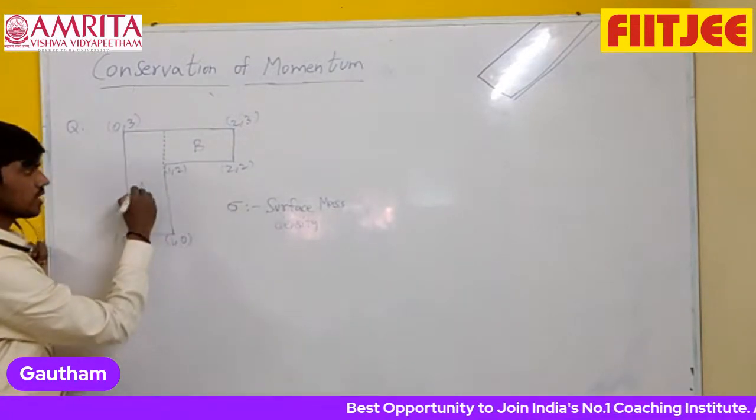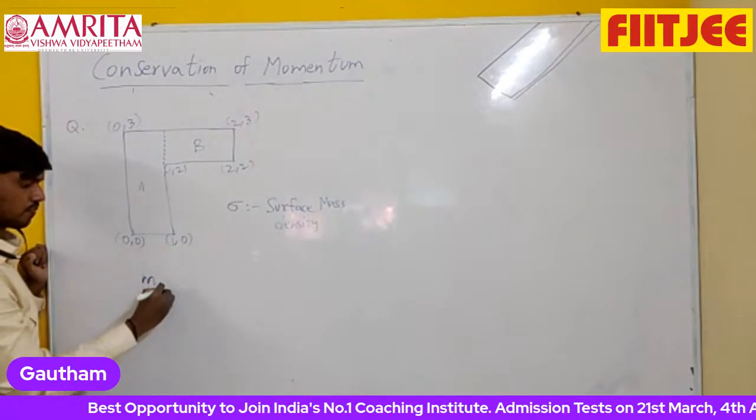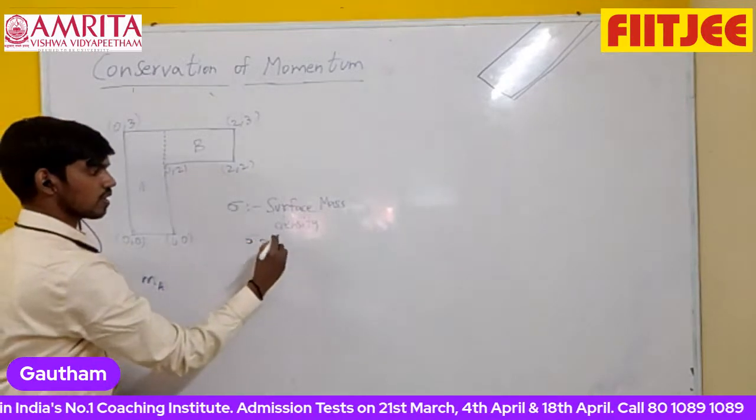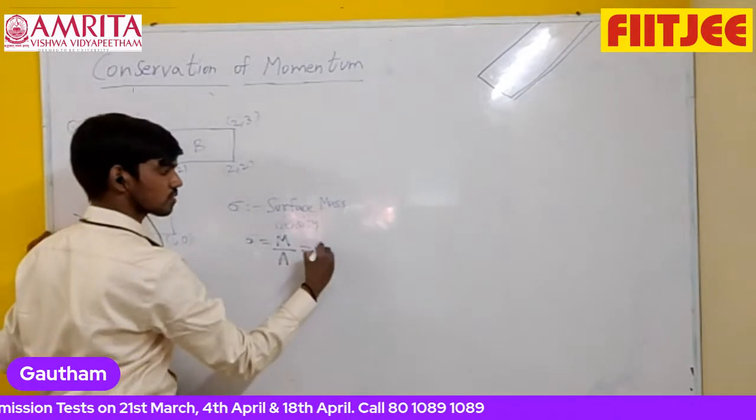So in this case, the body A is having some mass of A. So the sigma is actually total mass by total area, which is a constant.